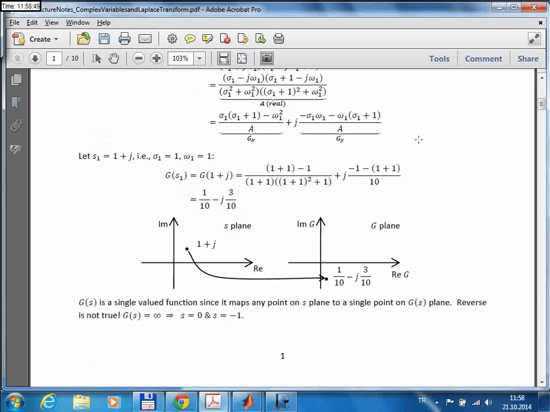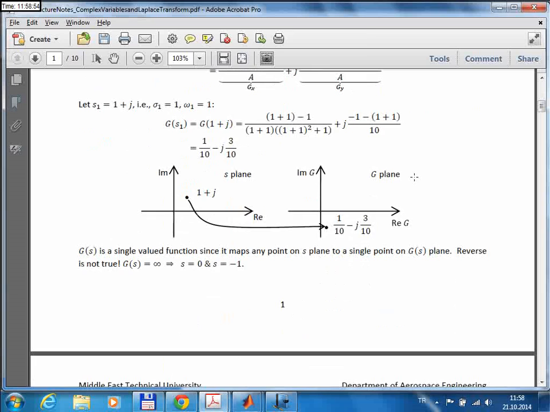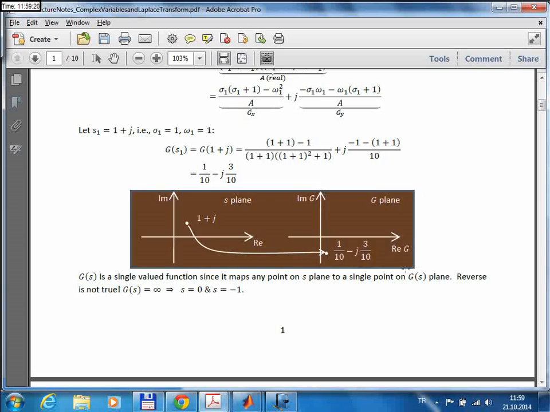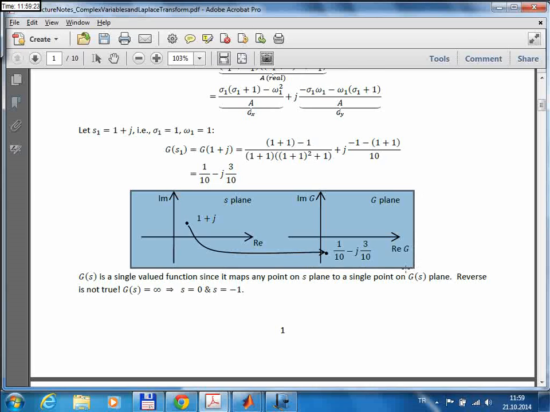Okay, so as I told you, we use the imaginary plane a lot to represent these numbers. Any complex number can be shown with a point on the complex plane, and if you feed this complex number into a function, then the value will in general be a complex number, and the value of the function can also be represented on another complex plane. So this is what we see here. This is for the same function.